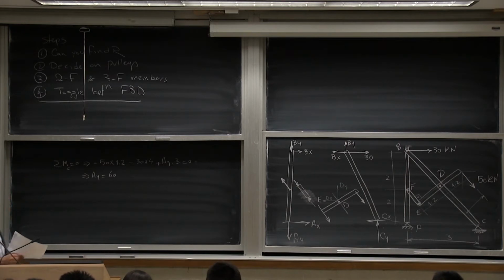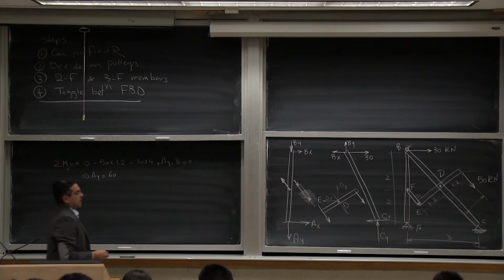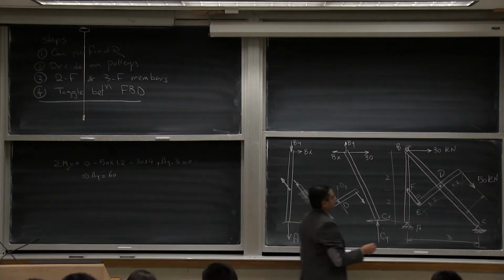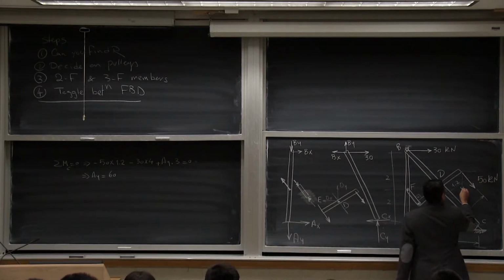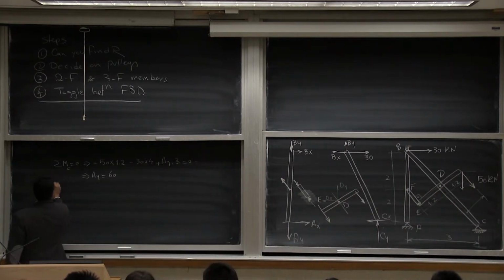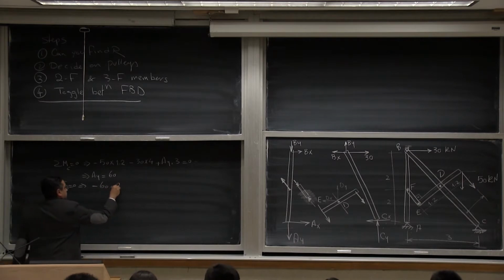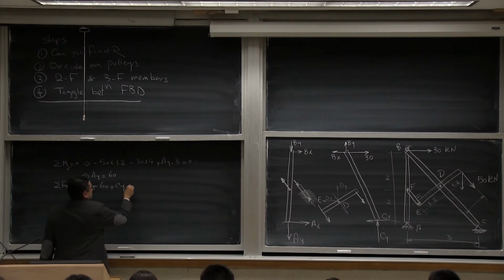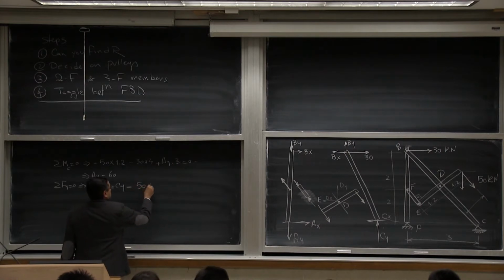If you want to find CY, we can do that. I can find the vertical component of this. And so that would give me sigma Fy equals 0. That means minus 60 plus CY minus 50 multiplied by 4 over 5.